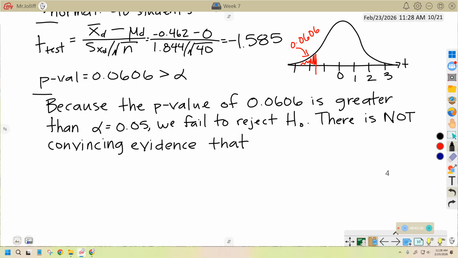I'm going to pull the context for my alternative from wording from the question. It says, do the data provide convincing evidence that Jason's Deli cups stack faster than Panera cups on average? So there is not convincing evidence that Jason's Deli cups stack faster than Panera on average.